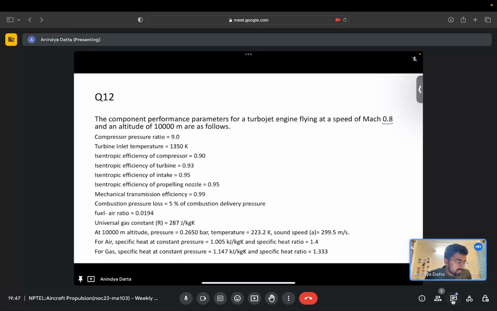What is given is the compressor pressure ratio, RPC, and the turbine inlet temperature. First let us draw a TS diagram. This will be easy then. This is state point 01.